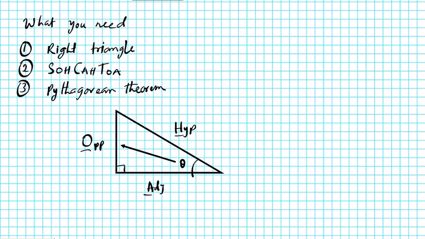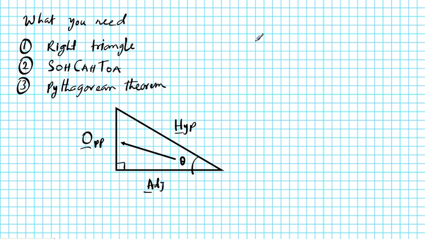And then SOHCAHTOA. What on earth does SOHCAHTOA mean? Well, it means that sine of theta, of this angle here, theta, is the opposite over the hypotenuse.